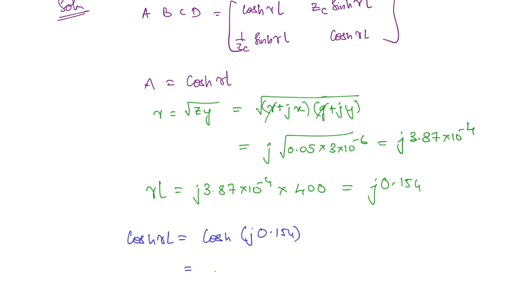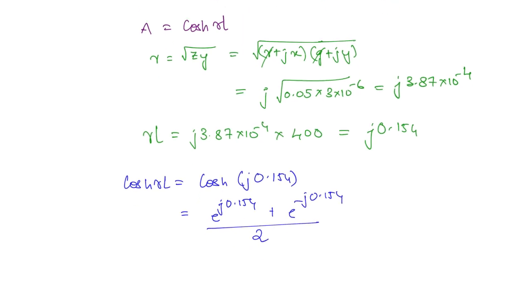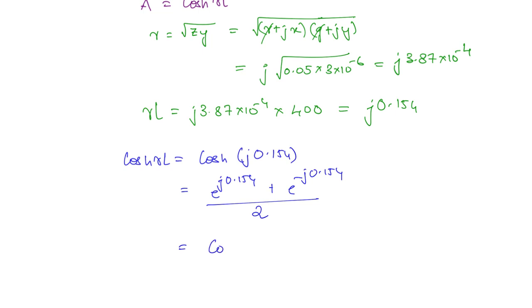So this is equal to e to the power J 0.154 plus e to the power minus J 0.154 divided by 2, right? So you are going to be left with cos 0.154, but this is in radians. So you can either select the radians option in the calculator, or if you're more comfortable in degrees, you can convert into degrees by this conversion factor. Thus you're going to get 0.988.